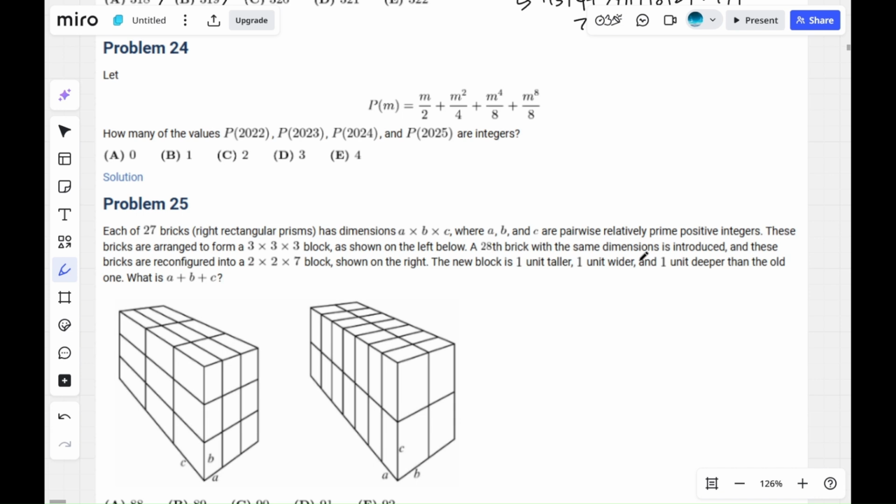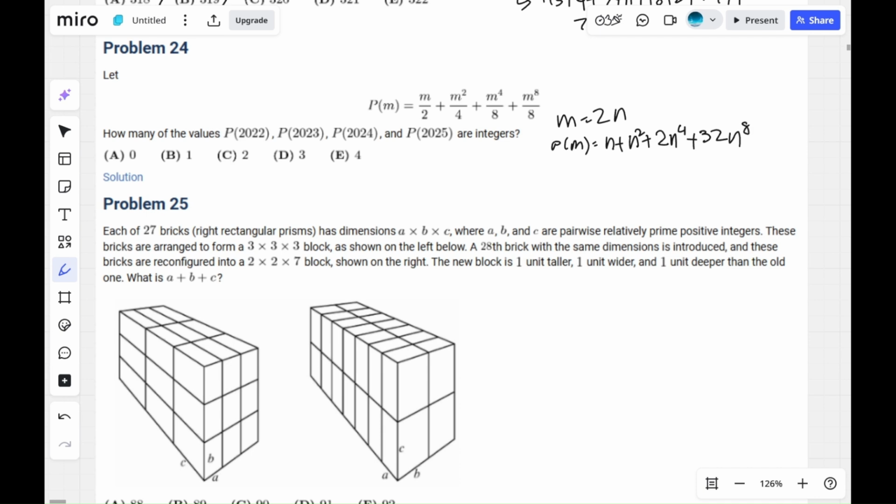So what you see is that if m is even, then P of m is going to be an integer, because like you can write m as 2n, right? So P of m would be n plus n squared plus 2 times n to the 4 plus 32 n to the 8.